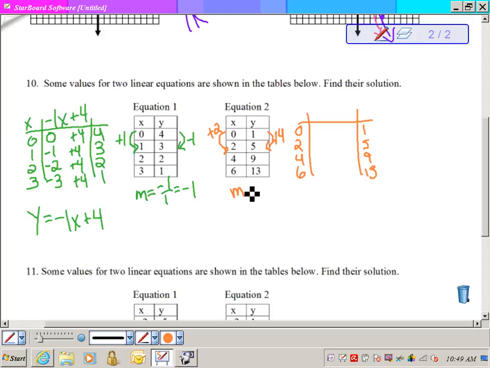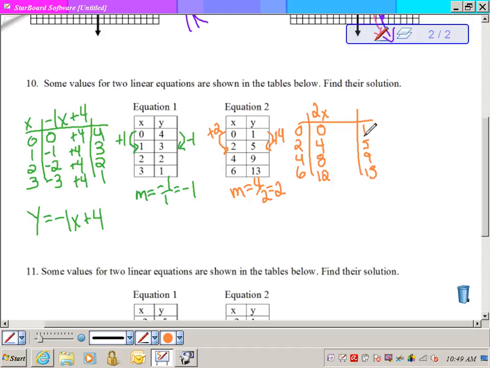So my slope is going to be, very good, 4 over 2, which gives me 2. So I should be able to say 2x. So down here I'm going to write 2 times 0? 0. 2 times 2? 2 times 4? 8. 2 times 6? 12.